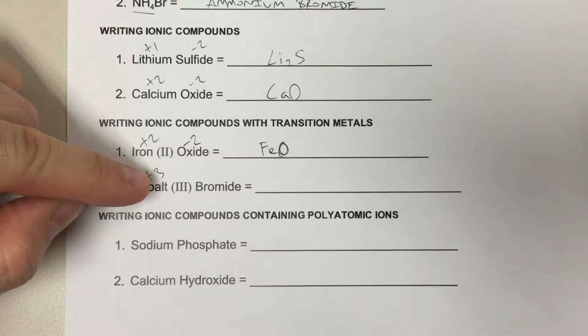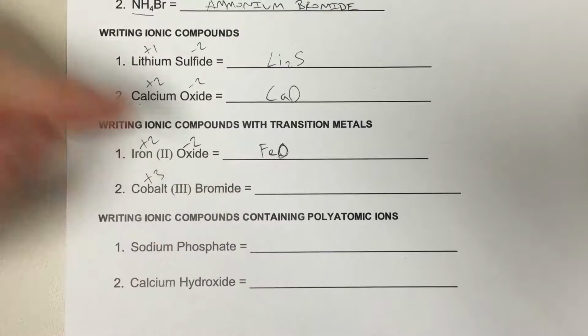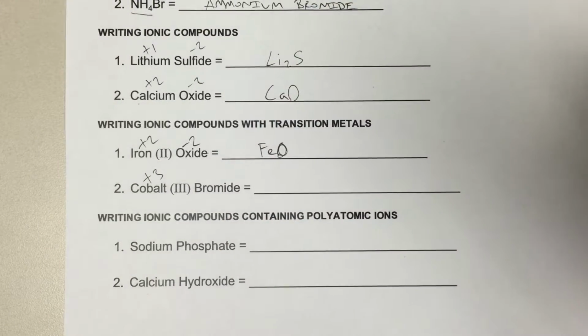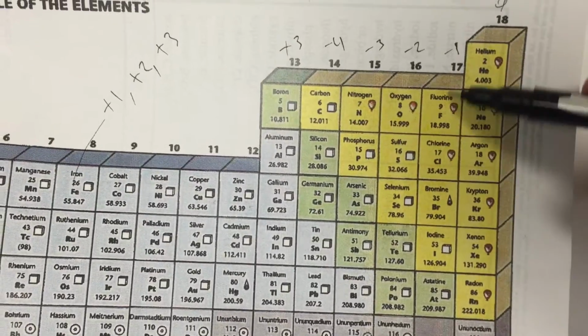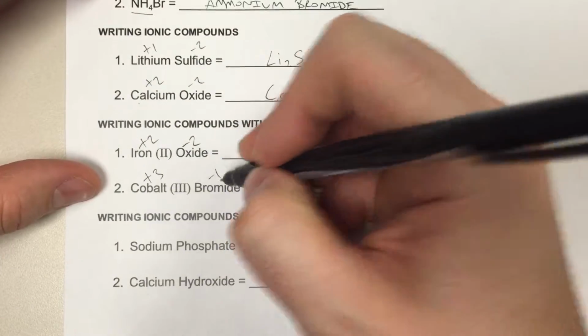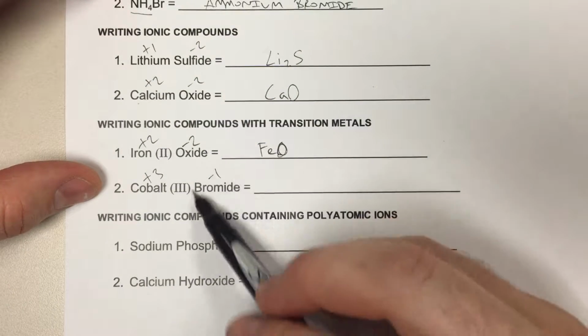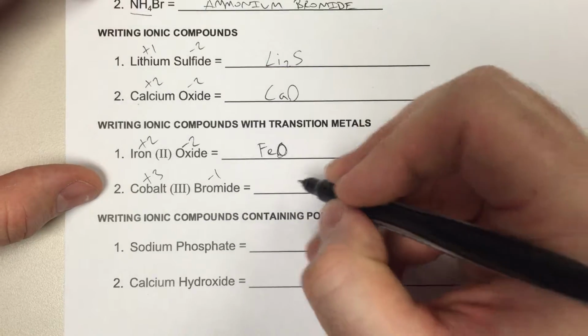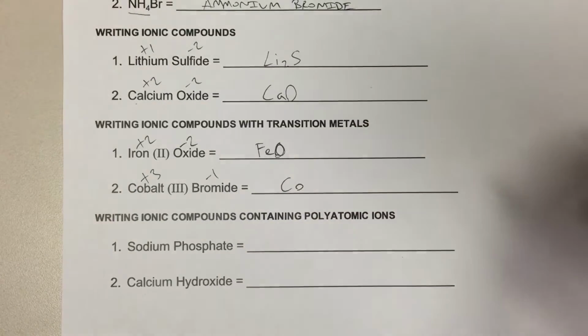Next one, cobalt(III), and this is bromide, which is the element bromine, and I need to find its charge. So bromine is found right here in this group. It has a charge of -1. I want this to be -3, and I can make it that way if I have 3 of these guys. So this is the symbol, Co. Cobalt. I looked it up on the periodic table, and you could find it if you don't know what anything is.